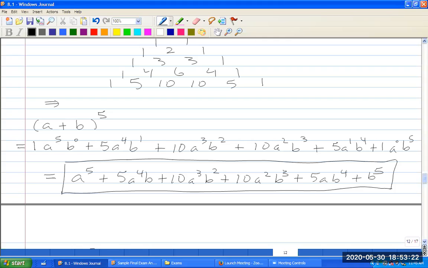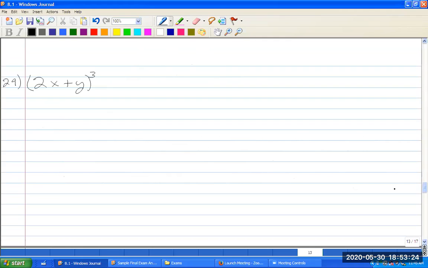Let me do problem 29. So again, we're going to be using Pascal's triangle. So I'll write it here: 1; 1, 1; 1, 2, 1; 1, 3, 3, 1.